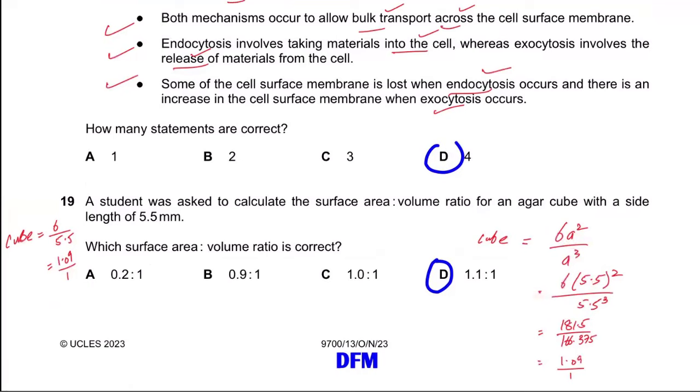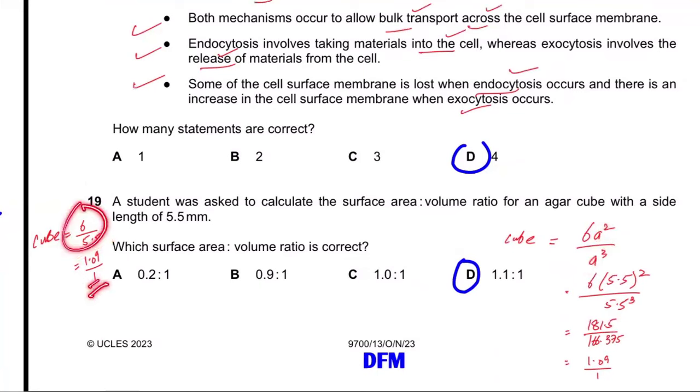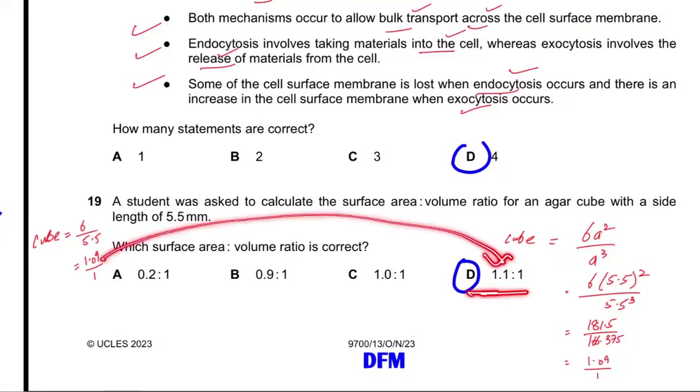The answer comes out to be 1.09 upon 1. Or simply, the formula becomes 6 upon a, because a squared and a cubed are on top of each other. So it's just 6 upon 5.5. If you simplify it, it's 1.09 divided by 1. So the ratio is closest to D.